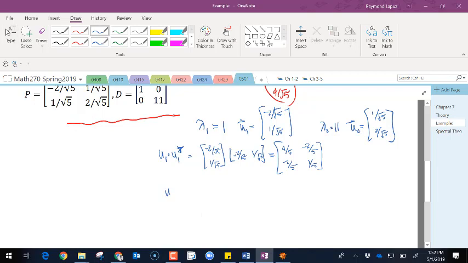And then u2 dotted with u2 transpose is going to be 1 over root 5, 2 over root 5, times 1 over root 5, 2 over root 5. So that's 1/5, 2/5, 2/5, 4/5.